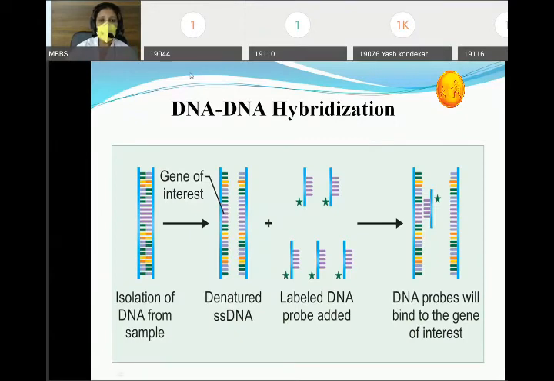Here I have shown you the diagram of DNA-DNA hybridization. DNA is isolated from the sample. This is the gene of interest that you have to study. Now this DNA is separated, so you have single-stranded DNA. Now labeled DNA probes are added to this sample, and the DNA probe will bind to the gene of interest.